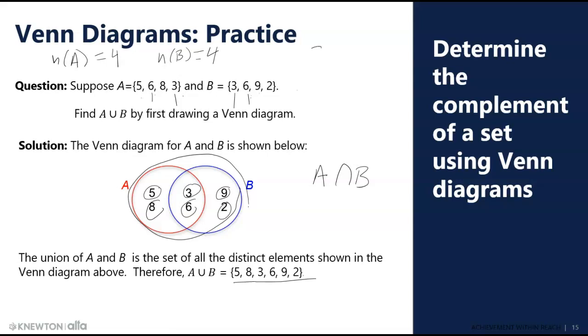If I add those together, I get 8. But how many are in the union? The cardinal number of the intersection was 2. So what you notice is the 4 plus the 4 minus the 2 gives you the 6 that is in the union. The cardinal number of the union of the sets is 6.